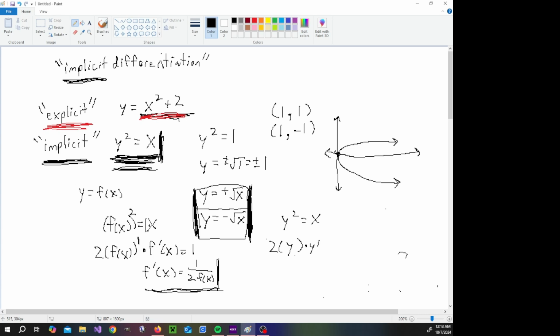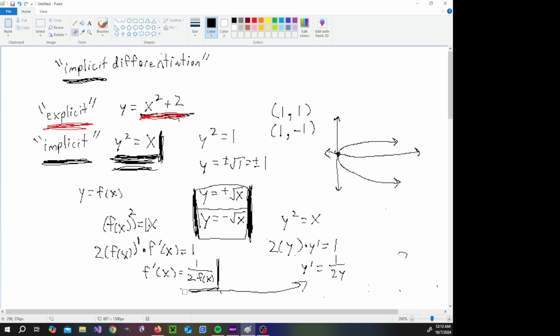Derivative of y is y prime. Derivative of x is 1. So because I want to know the derivative that I'm solving for, I'll write this as 1 over 2y, right? And again, this is exactly the same thing. It's just whether I'm writing this as the function f of x or the variable y used to denote the function.